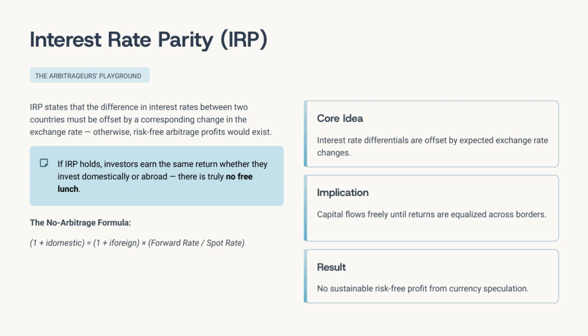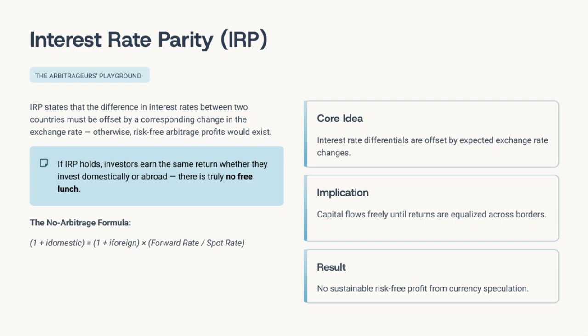What it tells us is that, if interest rate parity, or IRP, holds true, investors should earn the same return whether they invest domestically or abroad. This means there's truly no free lunch in currency markets. IRP essentially states that the interest rate difference between two countries must be offset by the expected change in the exchange rate.